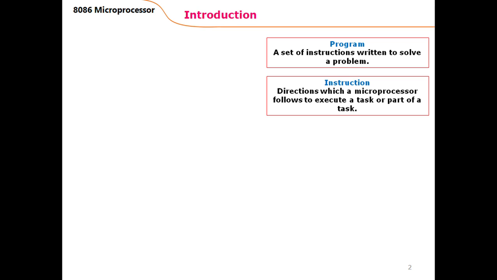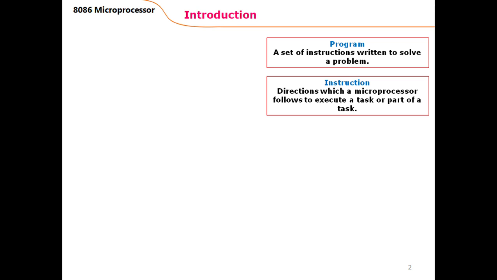Then an instruction is an ingredient of a program. So an instruction is basically the direction which a microprocessor follows to execute a task or part of a task. So each program consists of multiple tasks, and each task is then performed by an instruction.